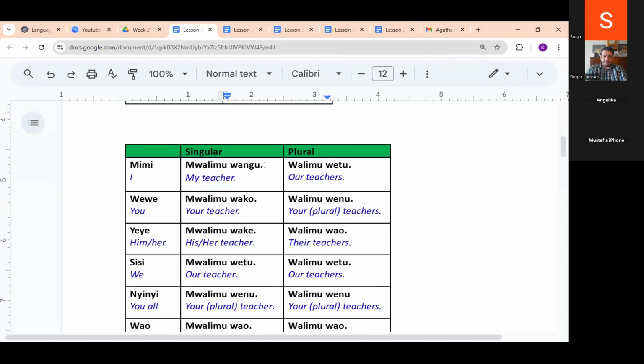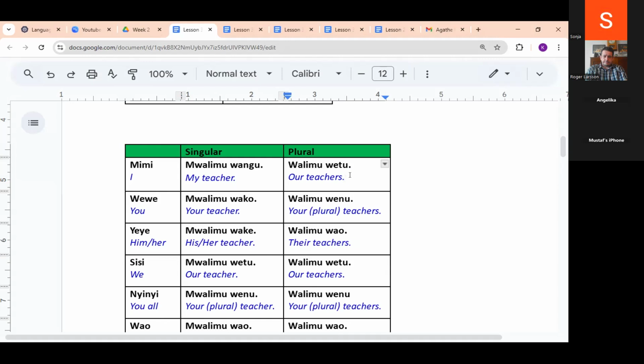Okay, so we have the examples here. Kaka Mustaf, you read the singular form, while Dada Angelica, we read the plural form, up to yeye. Mimi, mwalimu wangu.